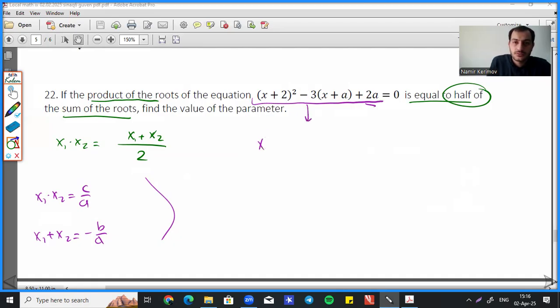That will be x squared plus 4x plus 4 minus 3x minus 3a plus 2a equal to 0. And then x squared plus x minus a plus 4 equal to 0.